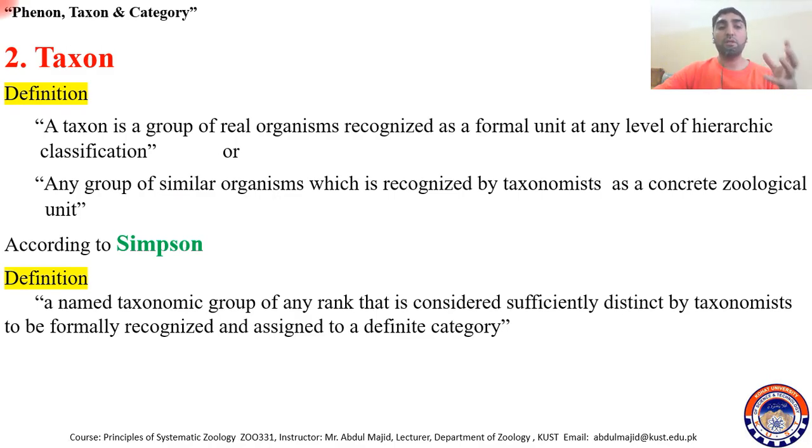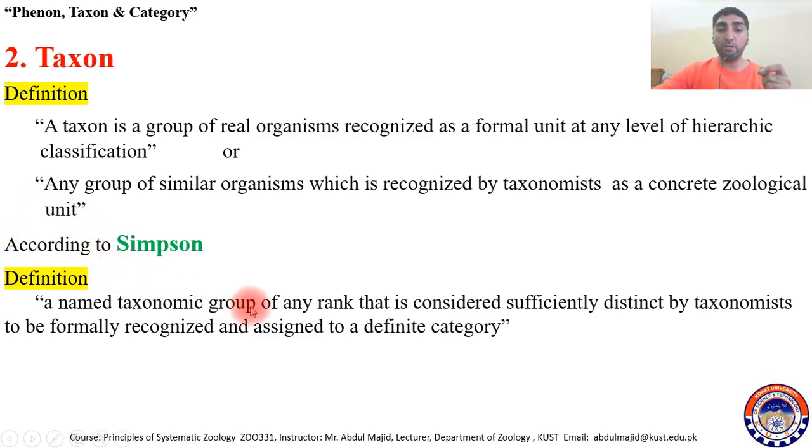Like taxon is a group of real organisms, for example Mammalia. So Mammalia, we know what mammals are. Mammals have mammary glands and they have hair on their bodies. So that is the actual thing. So all those animals which have mammary glands, where they feed their young ones with milk, and they have hair on their bodies, are actually mammals.